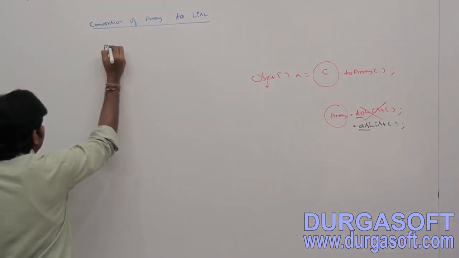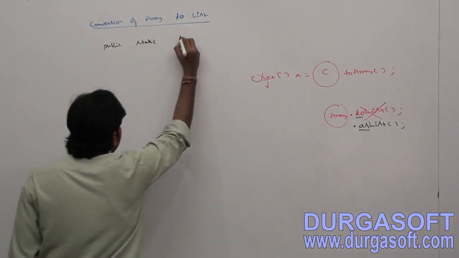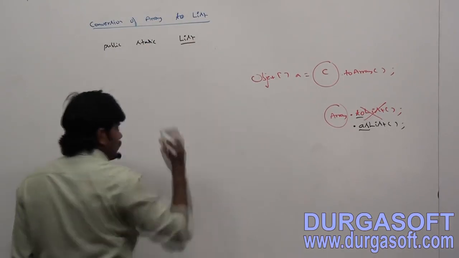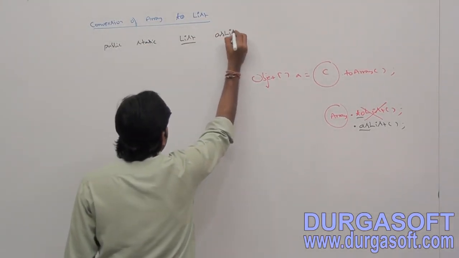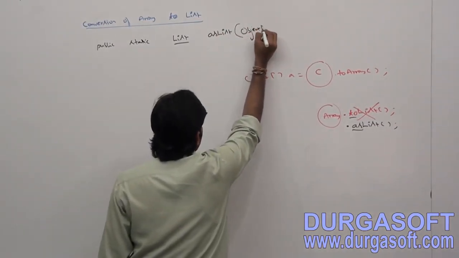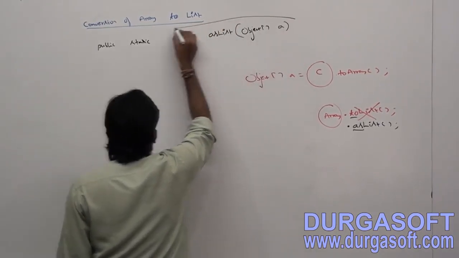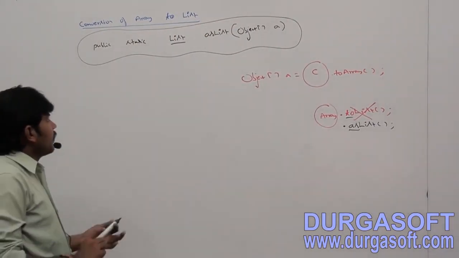The method is a public static method, its return type is List, and the method name is asList, taking an object array. You can pass any object array and get the corresponding list.